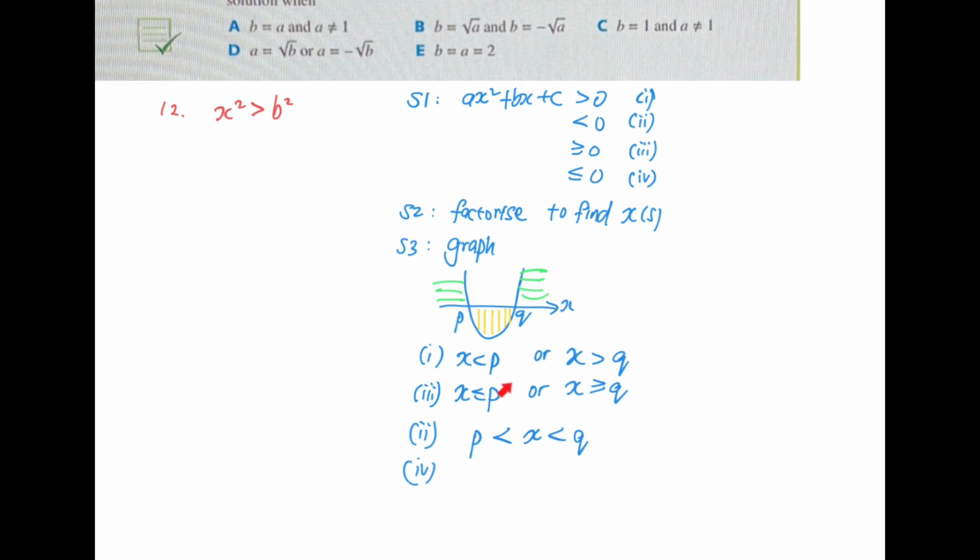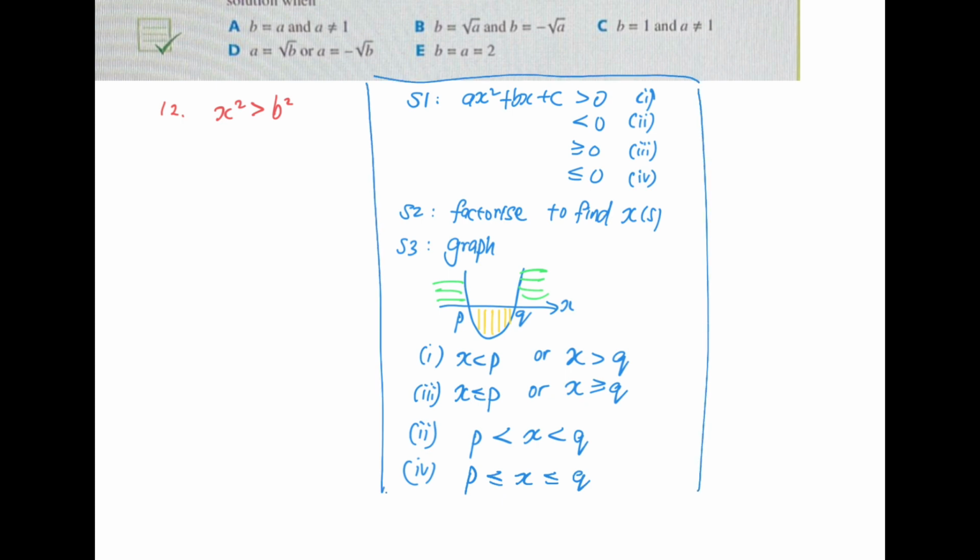And for case 4, when we write the answer for this inequality less than or equal to 0, we write the answer in this way but with equal now. Okay. Like this. So there are 4 ways to represent the final answer.